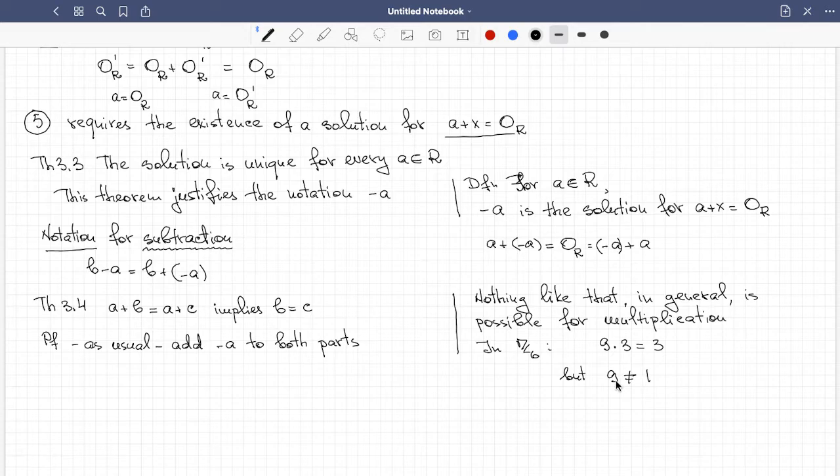So cancellation is possible in every ring for addition, not necessarily for multiplication, as this example shows.